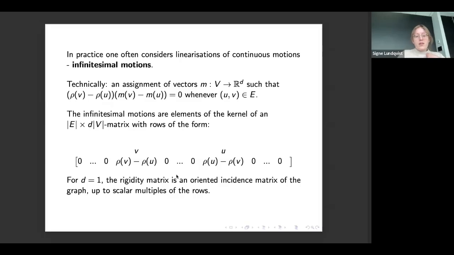All right. So if D is equal to 1, so if you're just on the line, then the rigidity matrix is actually an oriented incidence matrix of the graph.